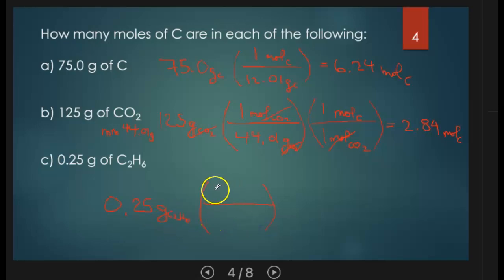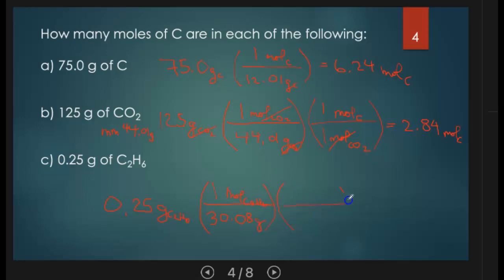So for every 1 mole of C2H6, it's going to be how many grams? Well, we have 12.01 times 2 plus each hydrogen is 1.01, so that's going to be 6.06. That gives us a molar mass of 30.08 grams.